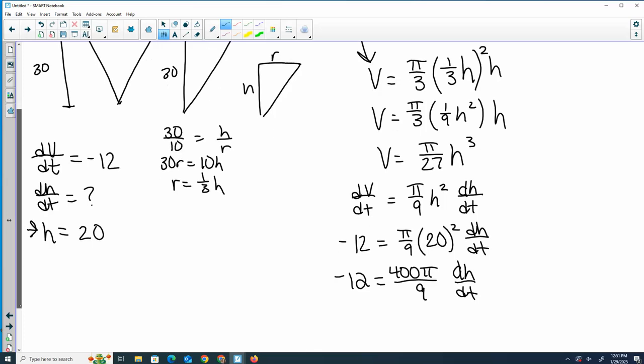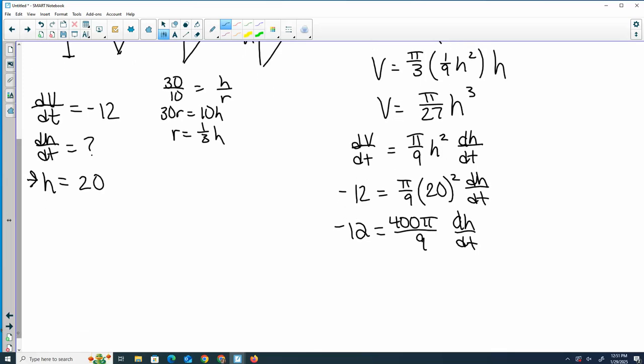So at this point you can divide it over, or multiply by the reciprocal. So dh/dt would be 27 over 100 pi. And then our units: h in this problem was centimeters and time was seconds. Will the pi always be on the bottom if you're dividing it over?